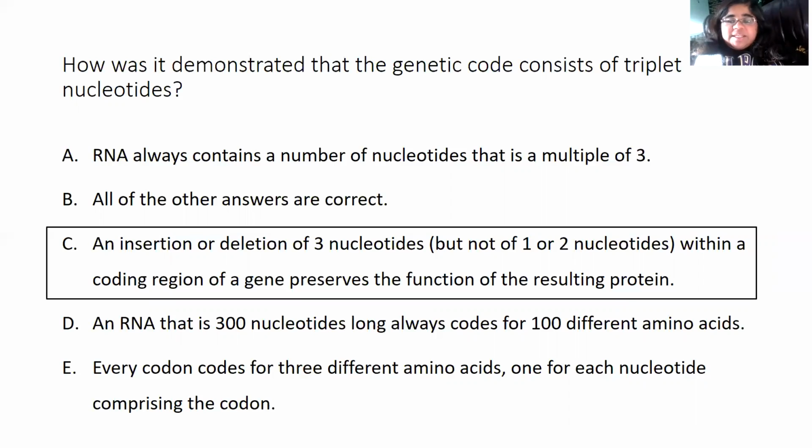So that is why the answer is C. I don't think you need to know how they got to it, but if anyone asks, that's how it happened. An insertion or deletion of 3 nucleotides within the coding region preserved the function of the resulting protein.